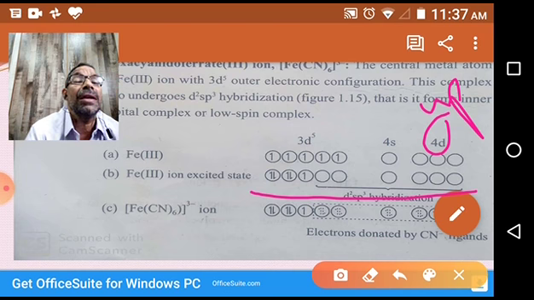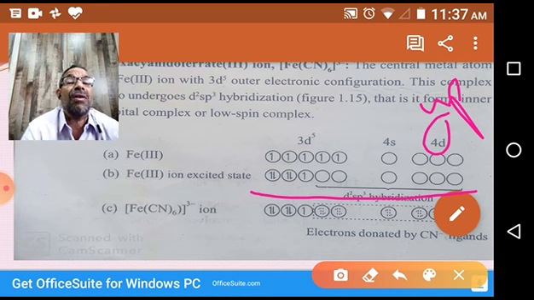Due to this hybridization, 6 energetically equal d2sp3 orbitals form. These d2sp3 orbitals have octahedral geometry. At the center, the iron+3 ion occupies. Around this iron+3, there are 6 corners in the octahedral shape.